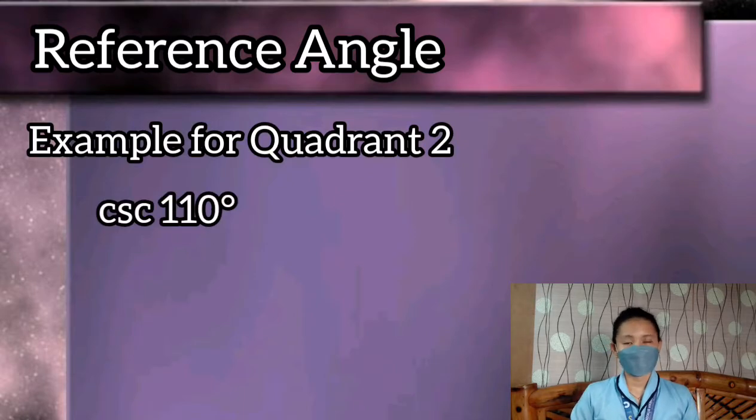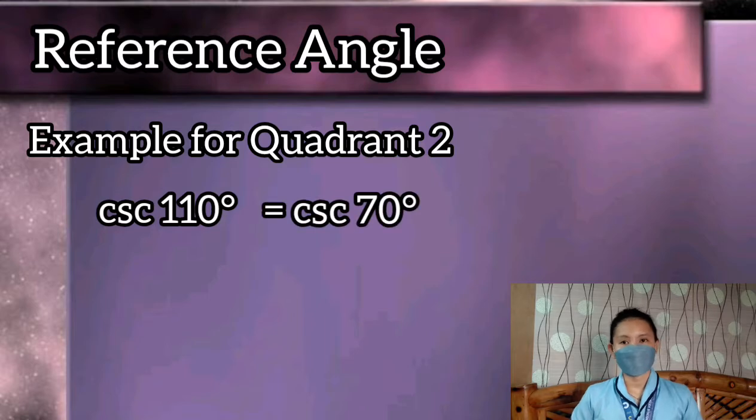Cosecant 110 degrees. So who can solve for the reference angle? Okay, so that is cosecant 70 degrees. That is for quadrant 2. So remember that only the sine and the cosecant are positive in quadrant 2. So since that is cosecant 70, that is positive.